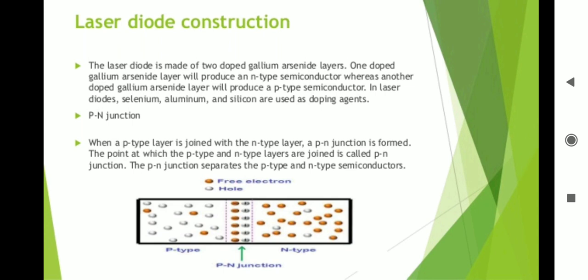During this process, a few of them collide with other atoms to produce more photons. This process continues, and thus there will be an increase in the number of excited electrons when compared with those in the non-excited state.